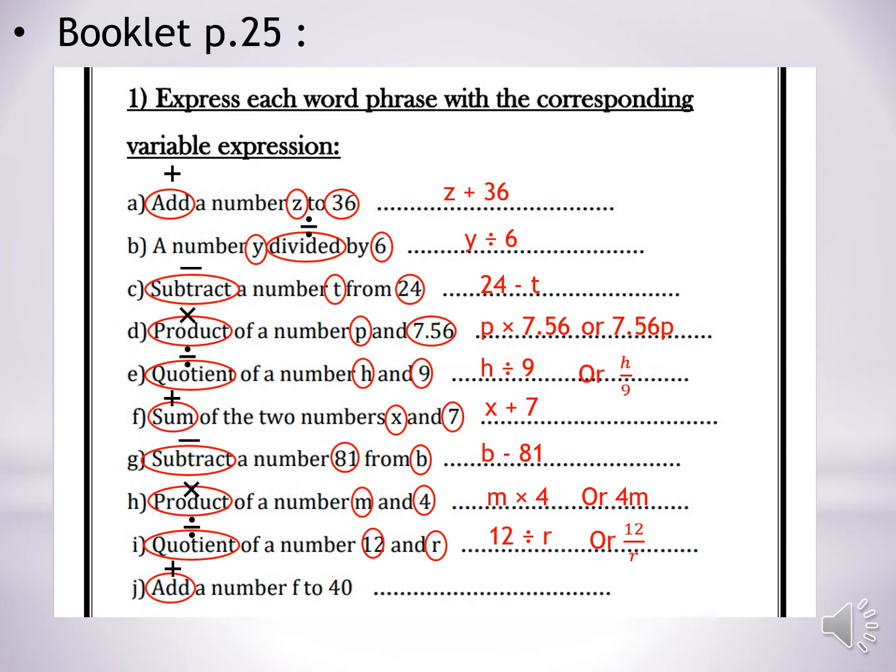Add, this is the keyword for plus. F, this is my symbol. 40, this is my number. So all I have to do is f plus 40 or 40 plus f. Both are right.